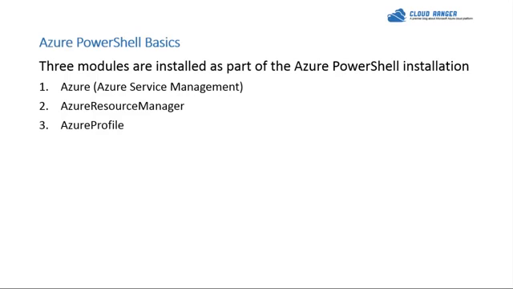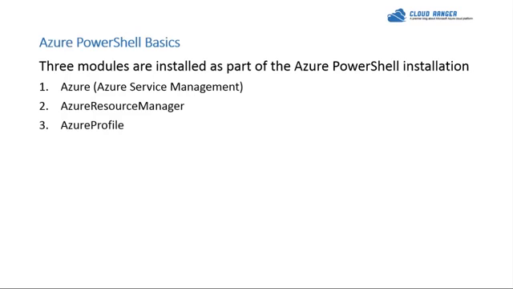Now, you cannot just go from one set of these modules to the other. You cannot go from Azure Service Management to Azure Resource Manager without using a commandlet from PowerShell to switch from Service Management to Resource Manager. I'm going to talk about the differences between these two modules, and the commandlets available and not available, in a demo.